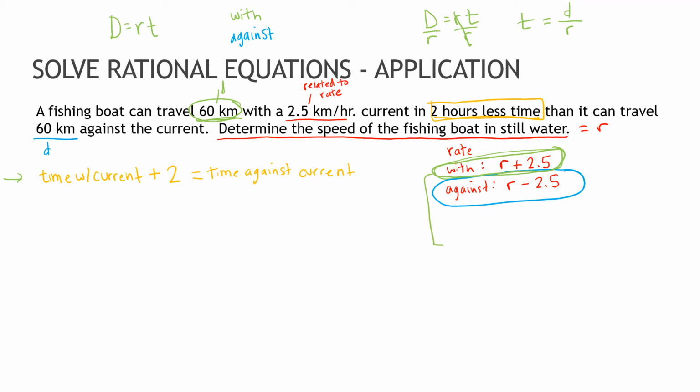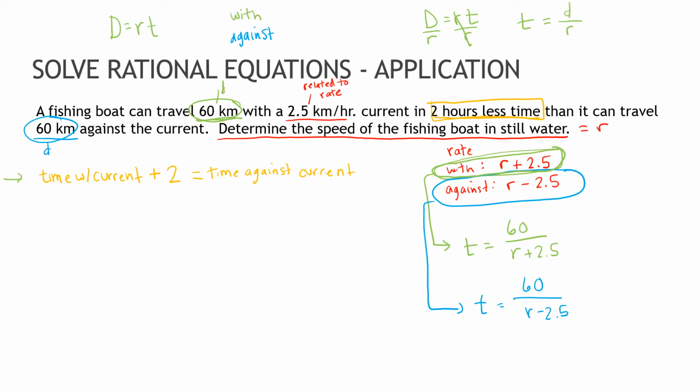So this is going to be T equals the distance of 60 divided by the rate of R plus 2.5. And the time against the current is the distance of 60 divided by the rate of R minus 2.5.